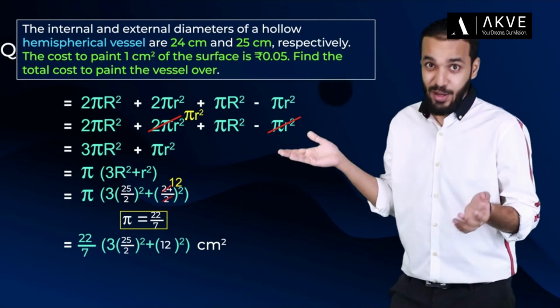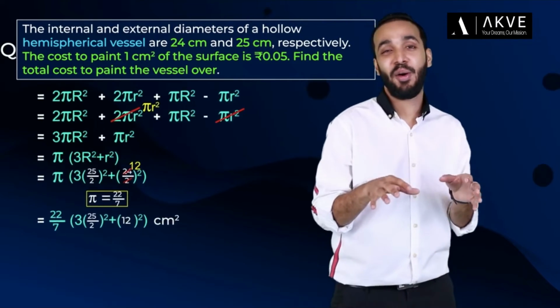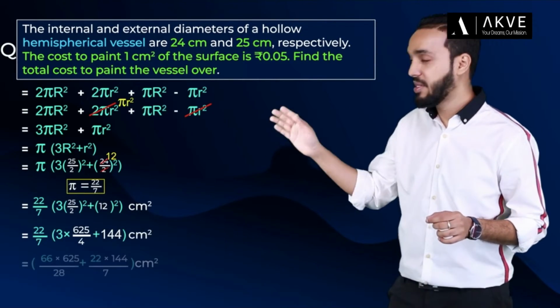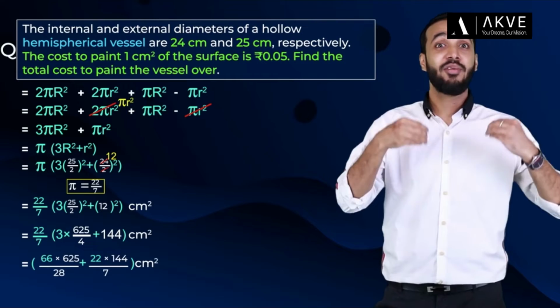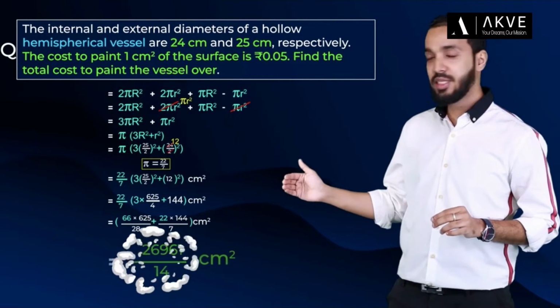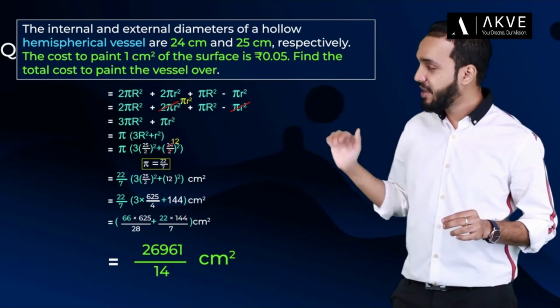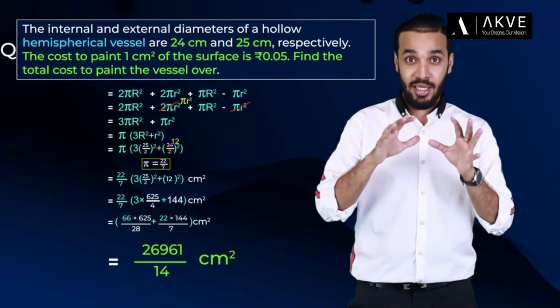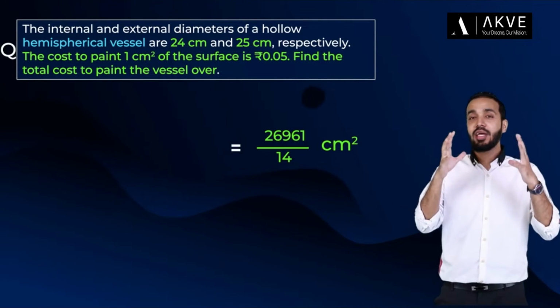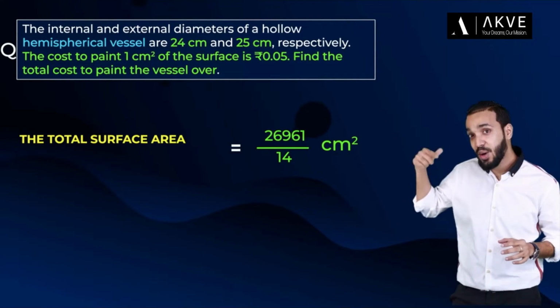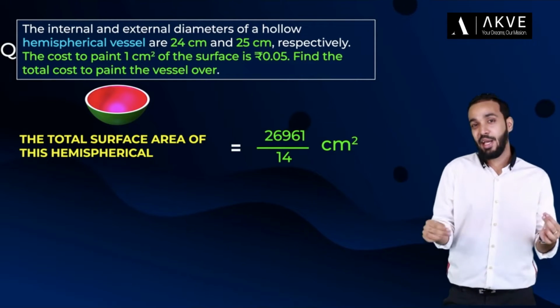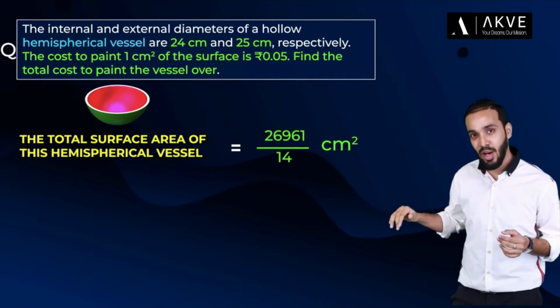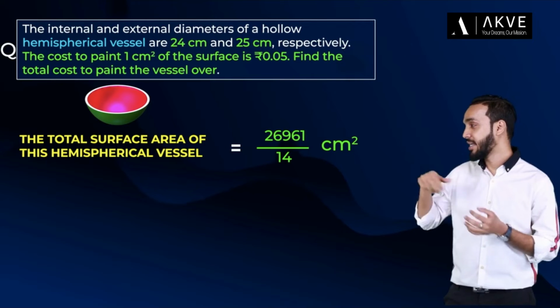Whoa, quite nasty, isn't it? So, on multiple levels of simplification, we finally arrive at 26961 by 14 square centimeters. So basically, the total surface area of this hollow hemispherical vessel is 26961 by 14 square centimeters.